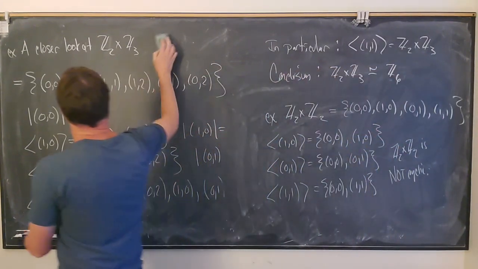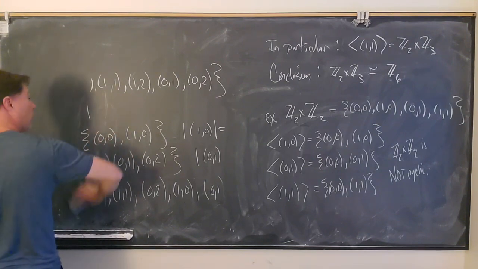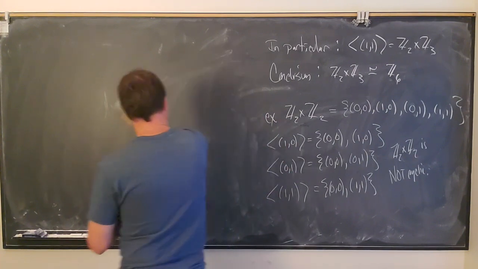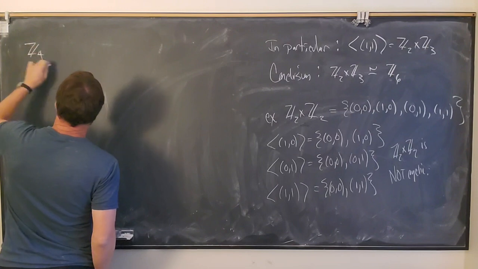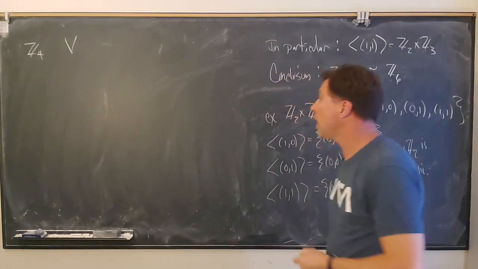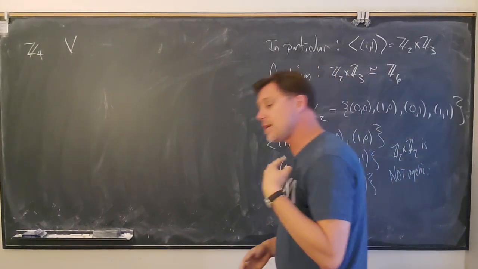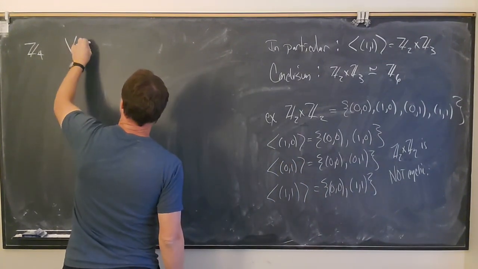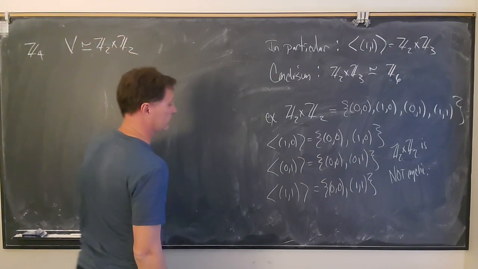Now, we studied groups of order 4 and found that there's exactly 2 of them. And we were able to sort of characterize them like this. There was Z4, and then there was V. And V is defined by its Cayley table. But now, knowing that Z2 cross Z2 is a non-cyclic group of order 4, that means that the Klein 4 group has to be isomorphic to Z2 cross Z2.